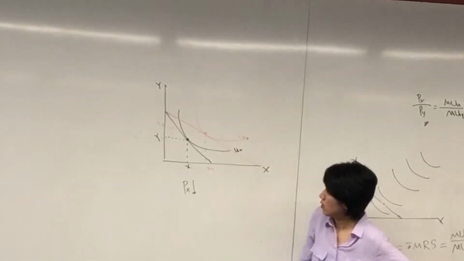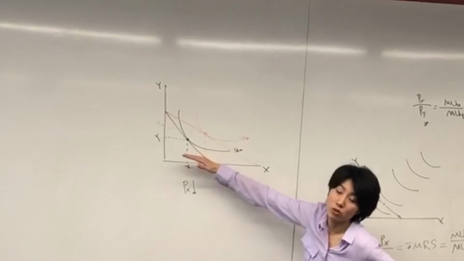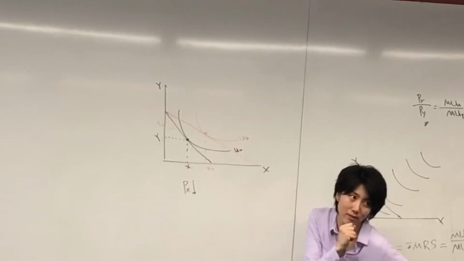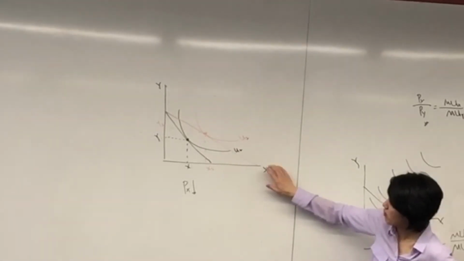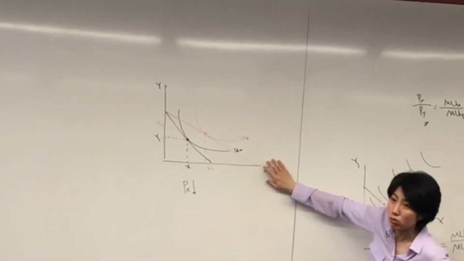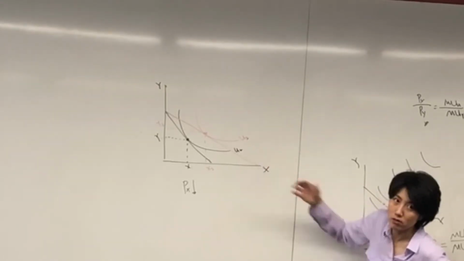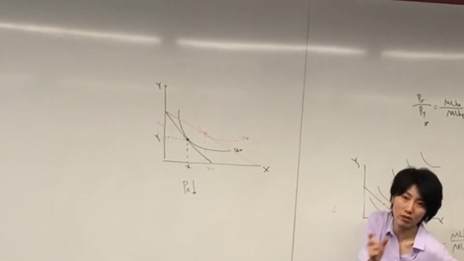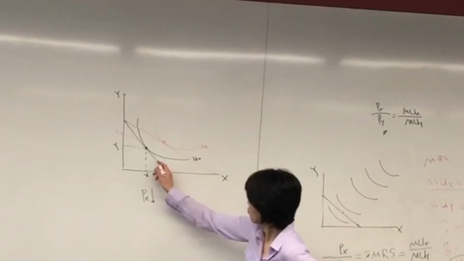The substitution effect is when you hold income or utility constant. Because the price of X decreases, this person has the incentive to buy more of X. That's the substitution effect. We hold the utility constant or hold the income constant.